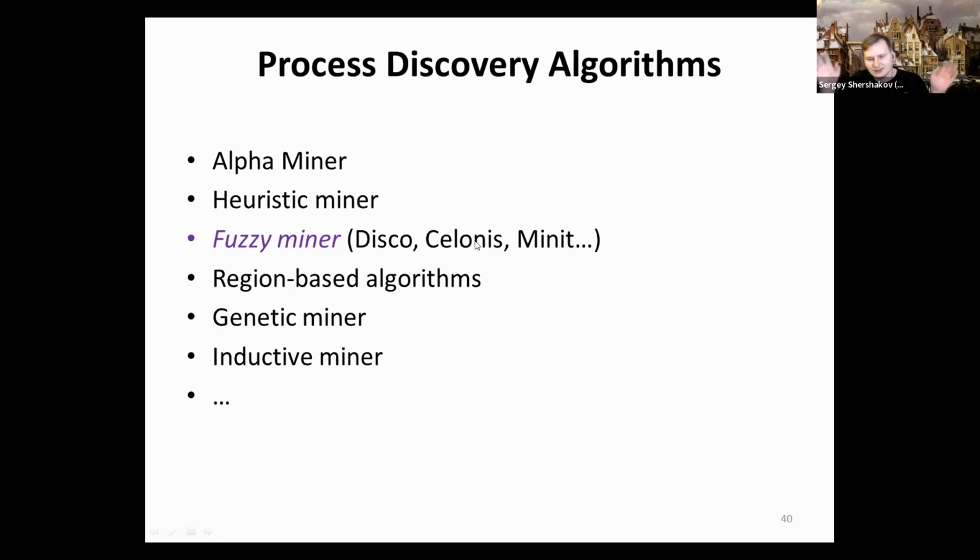All the banks, insurance companies, and other guys love Celonis a lot. However, most of these tools simply deal with the simplest and sometimes very important, very useful mining algorithm, which is called fuzzy mining. And this is what we are going to do next time in the next part.